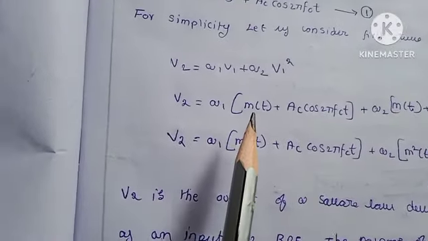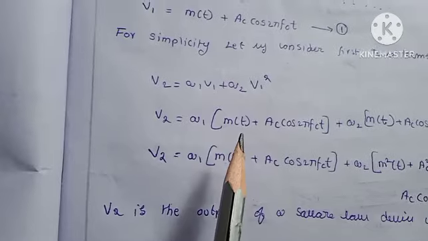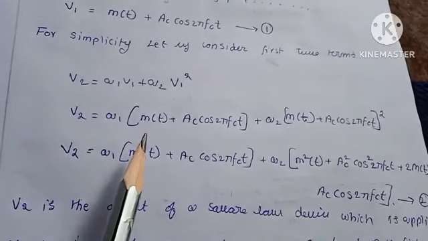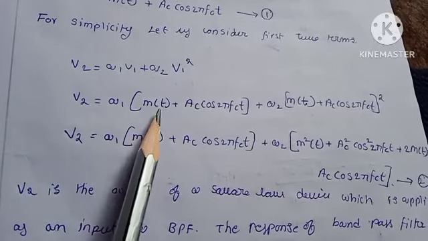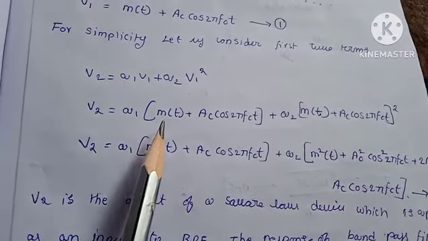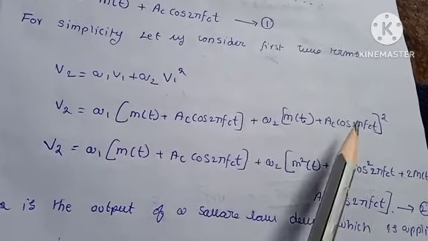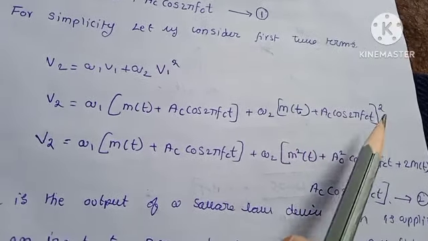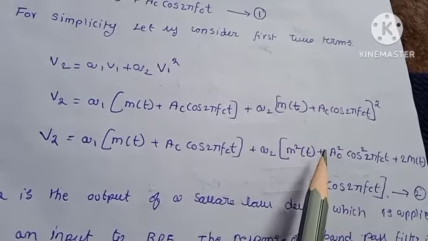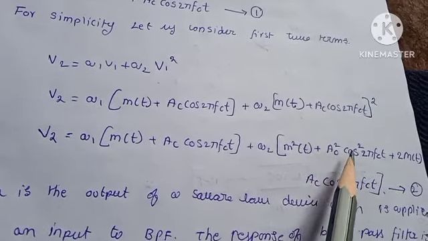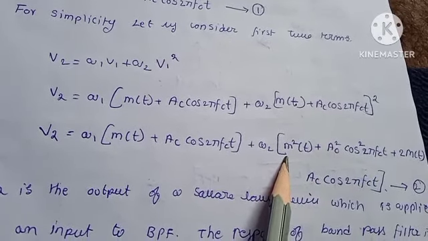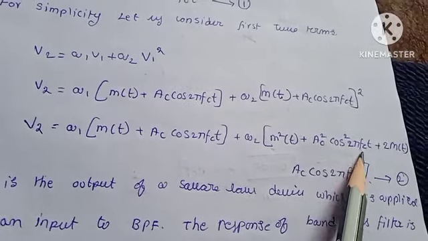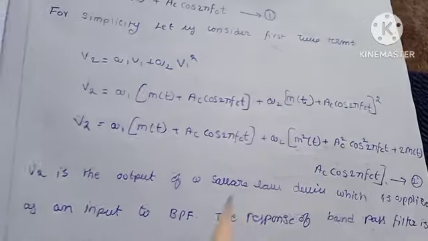Let us substitute the V1 value in V2 as shown in this expression and expand the m of t plus Ac cos 2 pi fc t whole square with the a plus b whole square formula: a square plus b square plus 2ab. After expansion, we get the terms m square, Ac square cos square 2 pi fc t, and 2 m of t Ac cos 2 pi fc t.